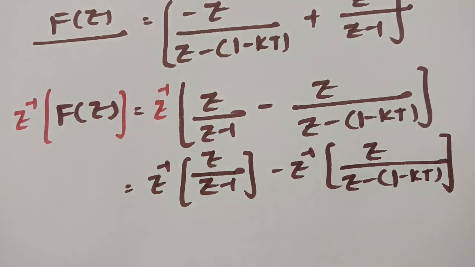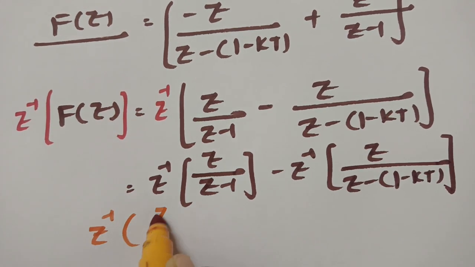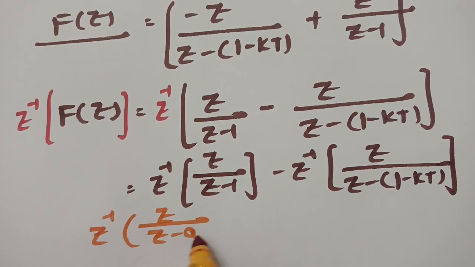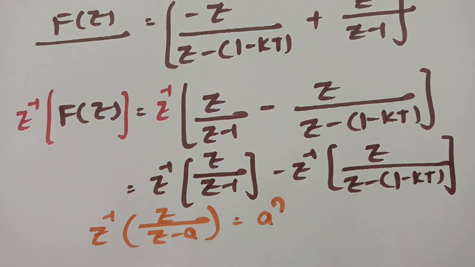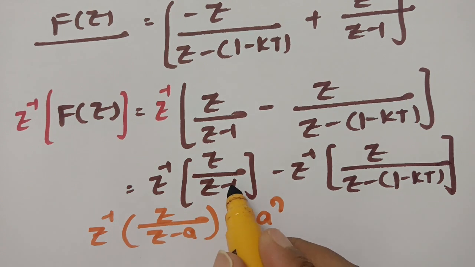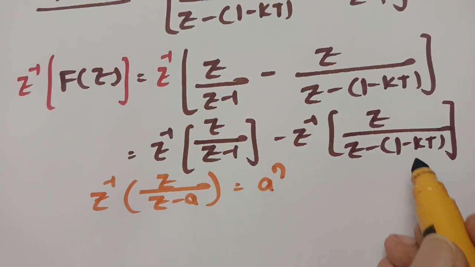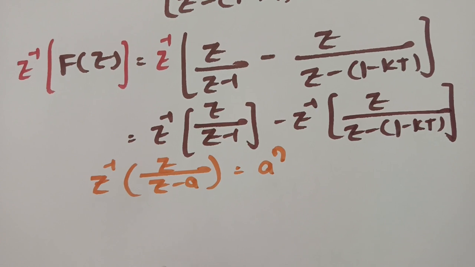According to our special functions of Z transforms, we have a formula that Z inverse of z by (z minus a) can be written as a power n. If I apply this, in place of a we have 1, and here in place of a we have 1 minus kt.